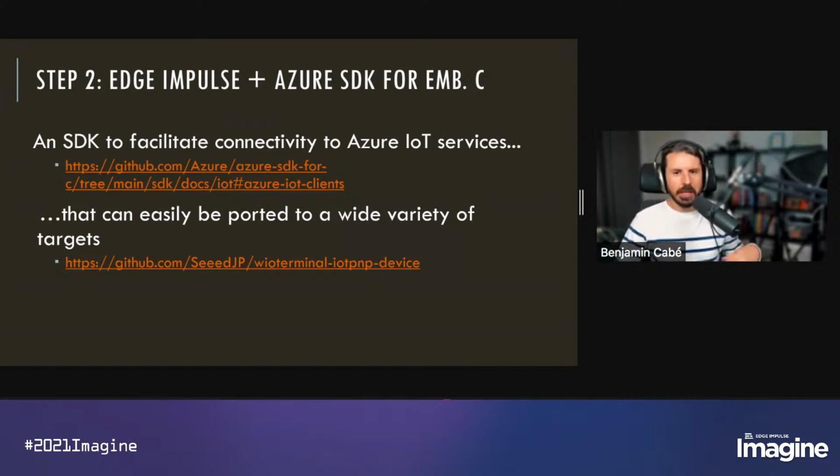The ESP32 is doing that in their own way, and then STMicro may have some dedicated higher level SDKs for Azure IoT, and for the WIO terminal specifically, there is a library that does just that, and that leverages whatever TCP/IP, TLS, MQTT as well.